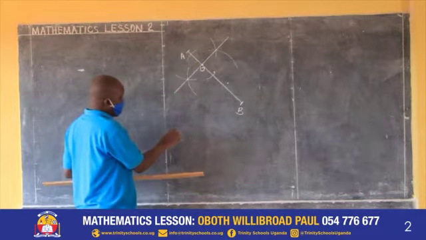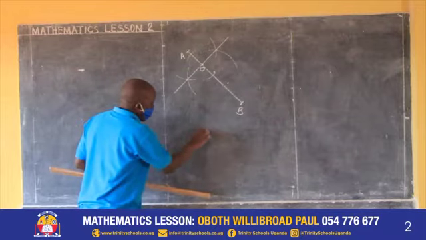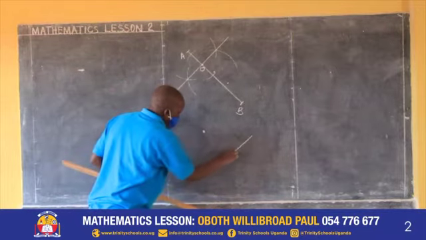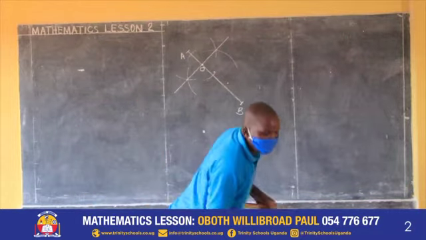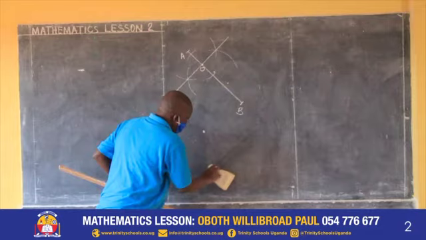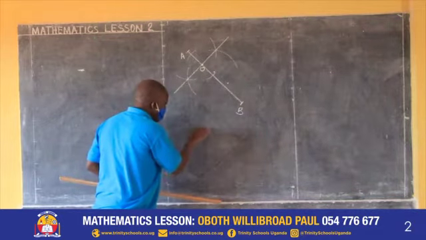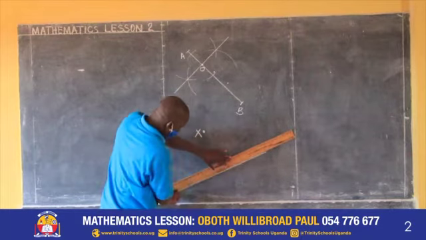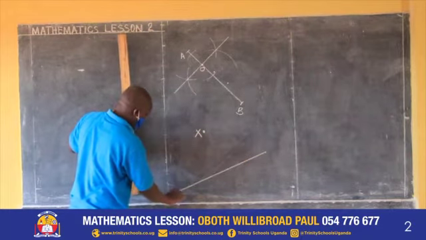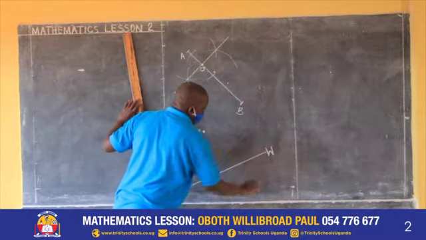But we also looked at how to drop a perpendicular, or how to draw a perpendicular from a given point. X is a given point, and we want to draw a perpendicular to meet this line ZW here.